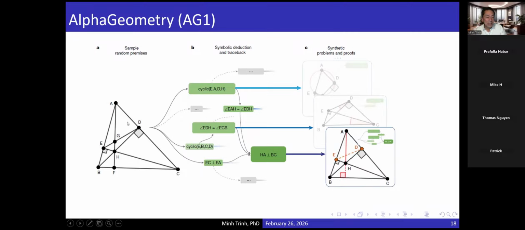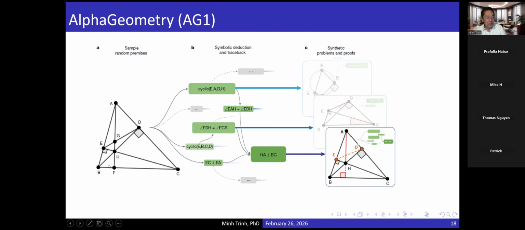So yeah, this is the idea, right? You start with the geometrical problems. Maybe you have to prove that HA is perpendicular, orthogonal, to BC, right? And so you start with this.